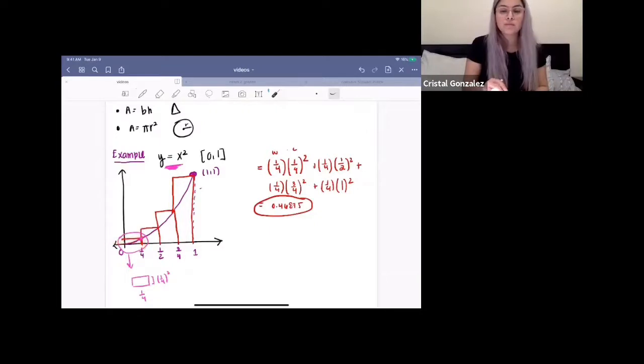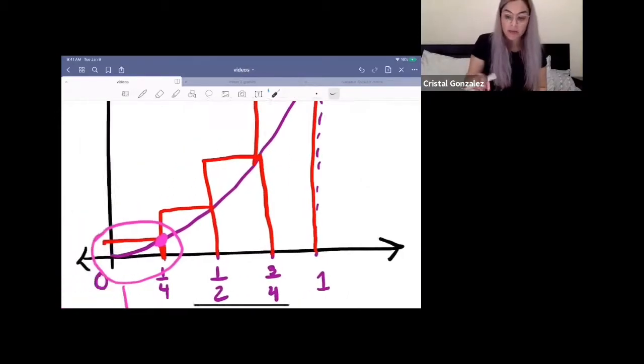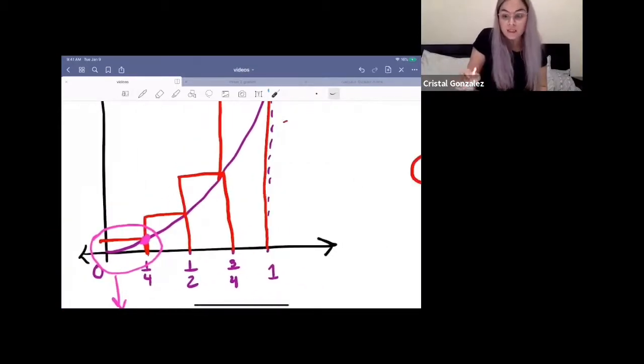But that's not the only way we can approximate this area. We can also approximate this area by using a different type of rectangle or a different approach to drawing those rectangles. So let me get a different color. We could have also gone here, and then from here, gone up to the function and drawn this rectangle this way.